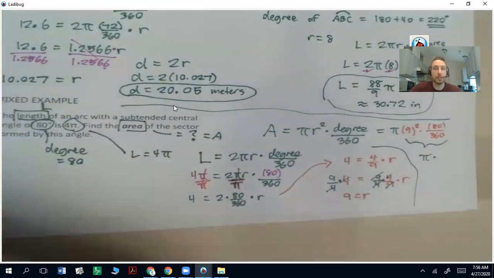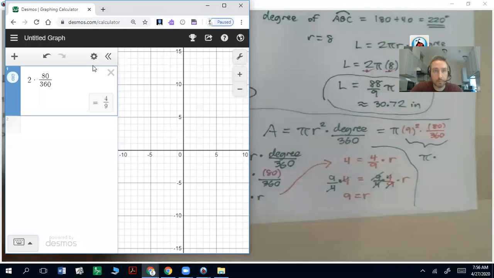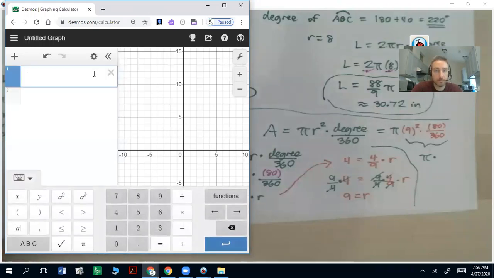Let's figure out what that is. 9 squared times 80 divided by 360. Lovely. 18 pi.